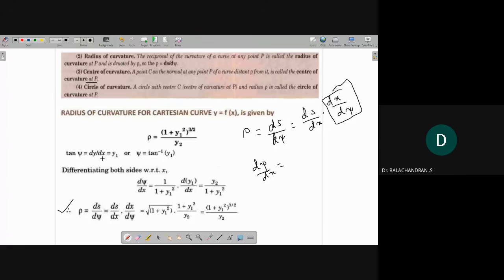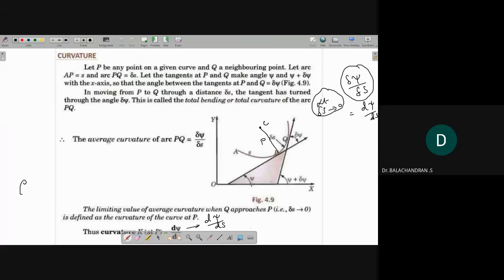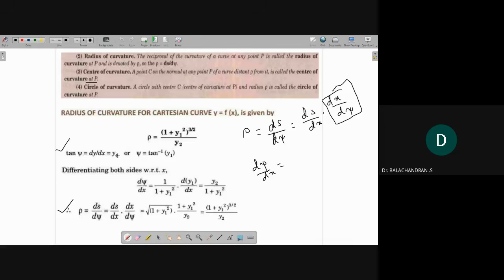For this, the slope dy by dx is equal to tan psi from the figure. So tan psi is equal to dy by dx, that is y1, or psi is equal to tan inverse of y1.